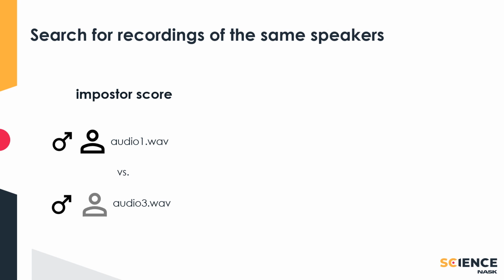During listening analysis, pairs of recordings were assigned one of three labels. Same speakers, indicating the recordings are from the same speaker. Different speakers, indicating the recordings are from different speakers. And not sure label, indicating uncertainty about the origin of the recordings.